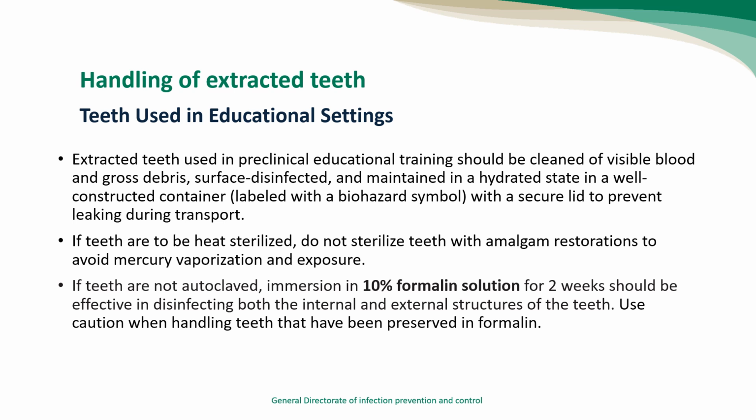So in this case, the tooth is not autoclaved. What can we do? We can immerse it in 10% formalin solution for 2 weeks. That should be effective in disinfecting both the internal and external structure of the tooth. But of course, use caution when handling teeth that have been preserved in formalin.